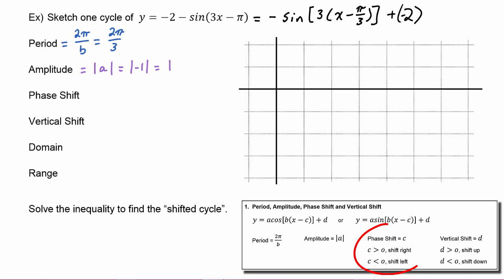The phase shift is letter C. We know that letter C is the number that comes after the minus sign. So that's pi over 3, which is positive. So that means that the shift is to the right.